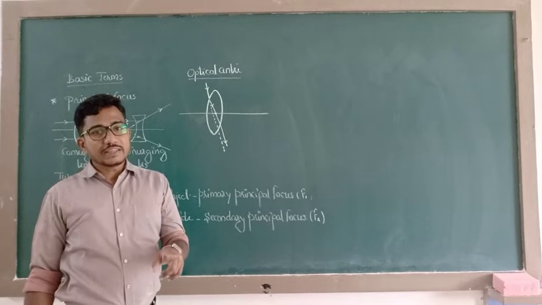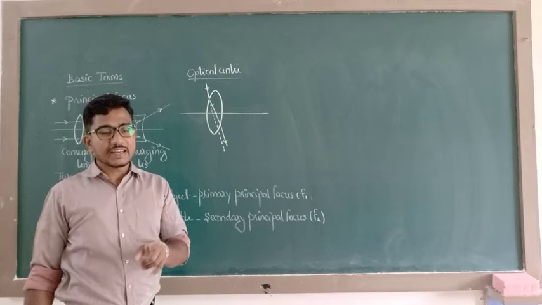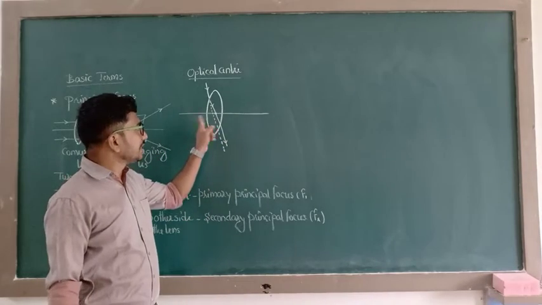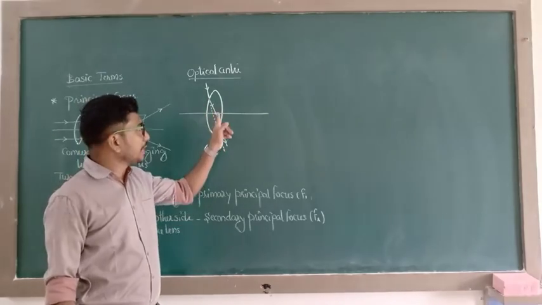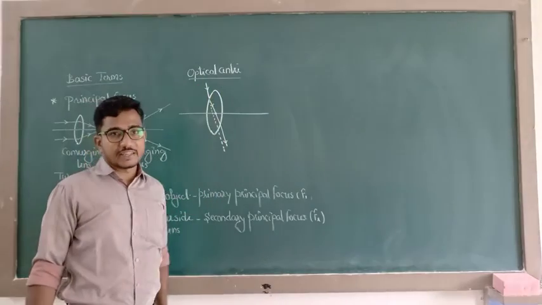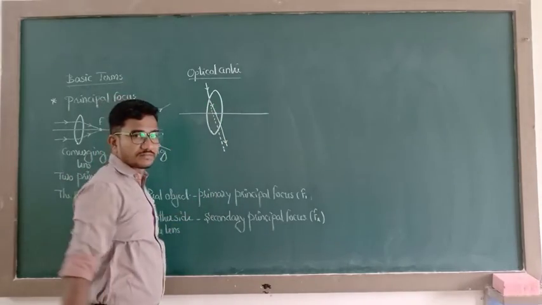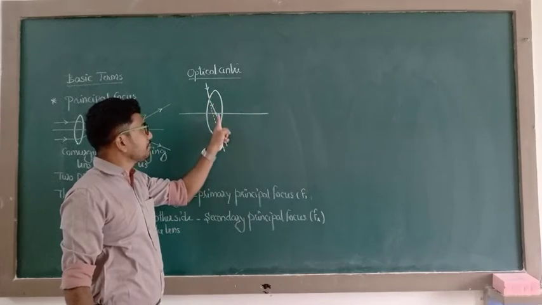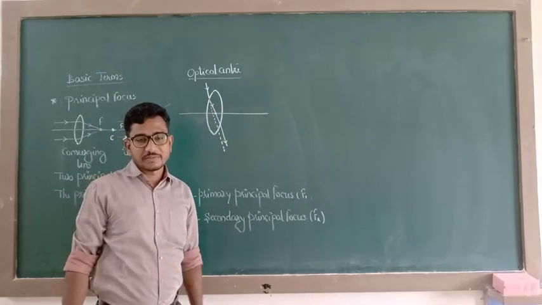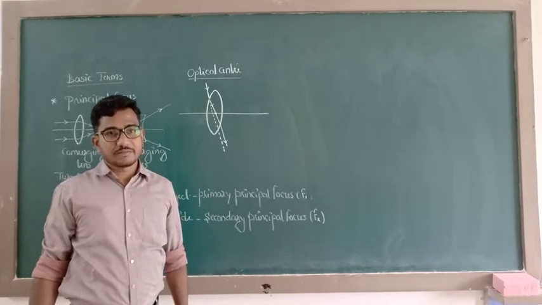The point inside the lens at which a refracted light ray meets the principal axis is known as the optical center.